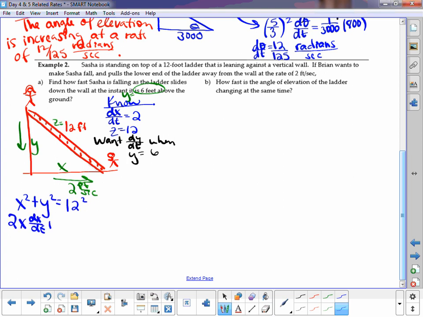We get 2x dx/dt plus 2y dy/dt equals 0. We want specifically when y is 6. Looks like we're going to need the x value. So we have x squared plus 6 squared equals 12 squared. What do we get for x?